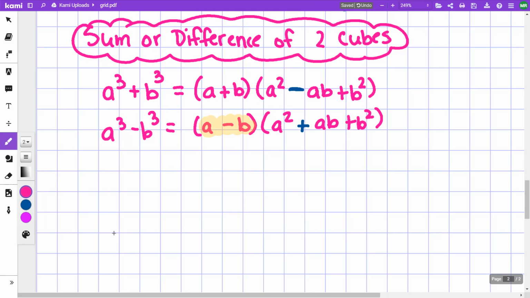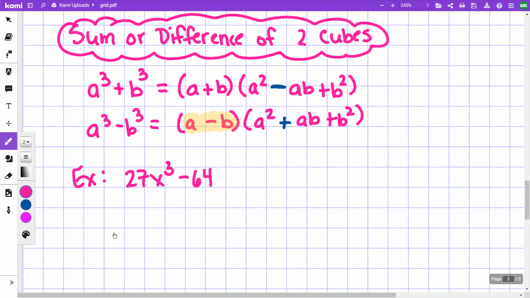So let me go through one example like this. So let's say we have 27x cubed minus 64. Okay, so I'm just going to jot this here. I am going to take the cube root of 27x cubed, which is going to be a 3x. So this was really a 3x cubed.